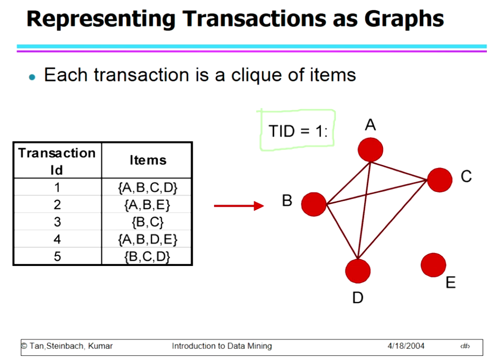Representing transactions as graphs. Each transaction is a clique of items. So here, for example, we represent transaction number 1. Transaction number 1 contains A, B, C, and D. After that, we connect all these nodes together with edges.